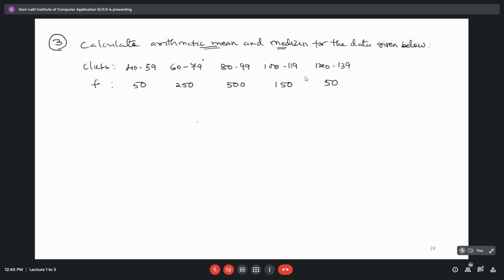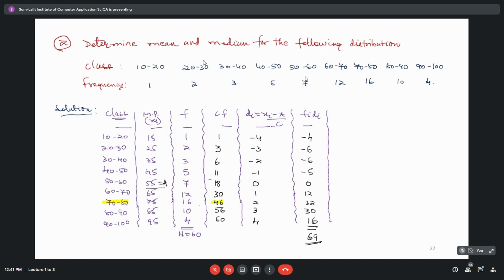This type of class interval is known as inclusive class intervals or exclusive. If you refer to earlier class intervals, the lower limit of the class and the upper limit of the previous class were both the same, 20 and 20.